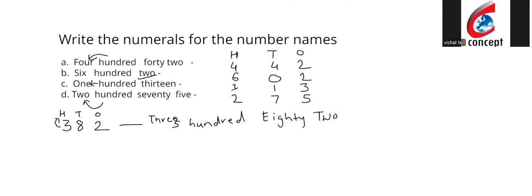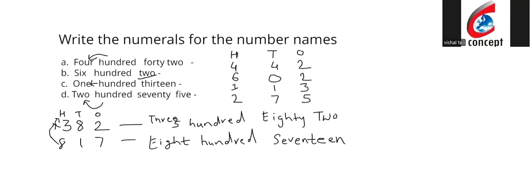Let's take another example. 817. Okay. So how do you write it? See, 800. Okay. 817. So it's SEVENTEEN, 17. Okay. All right.